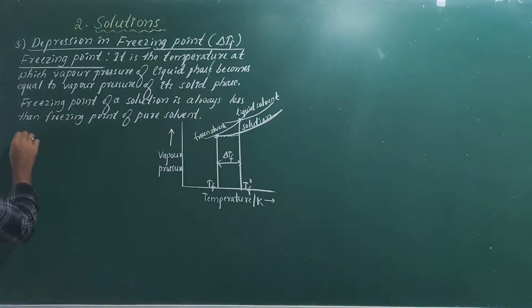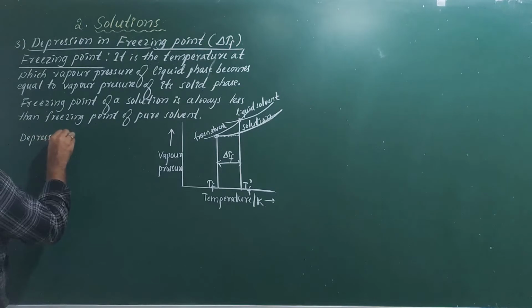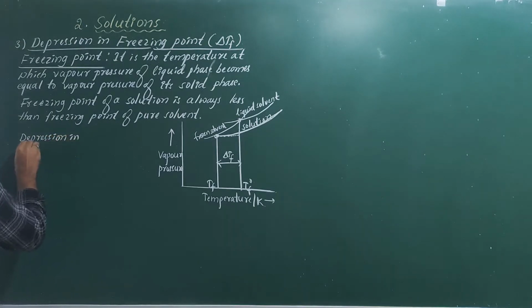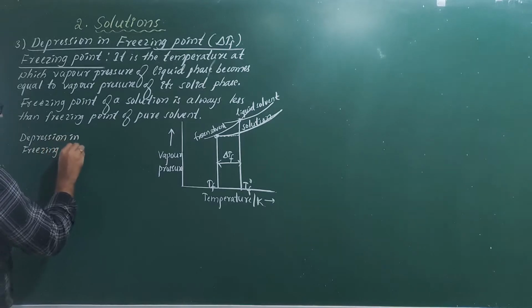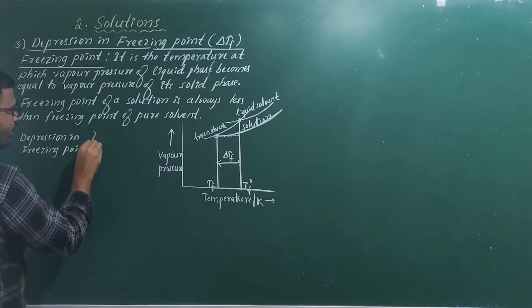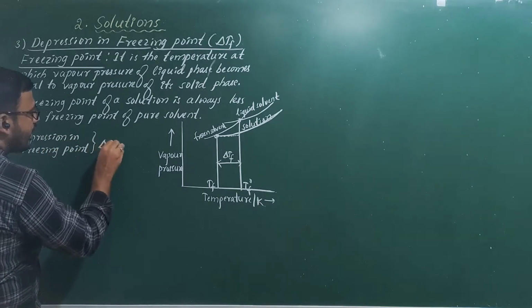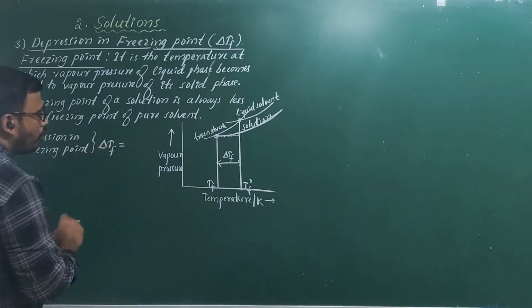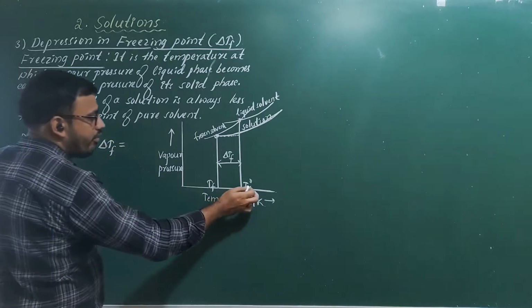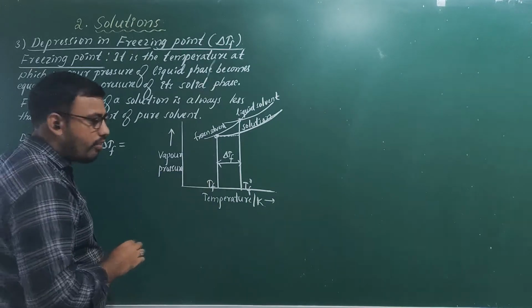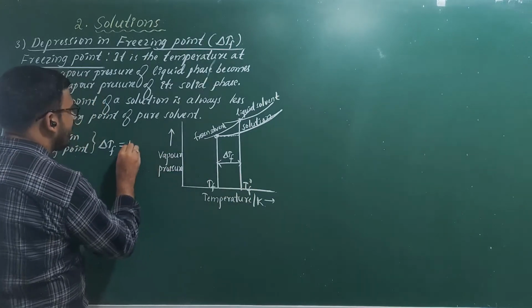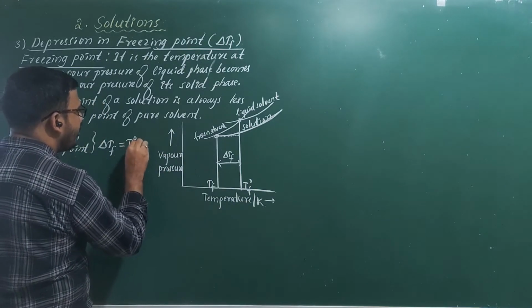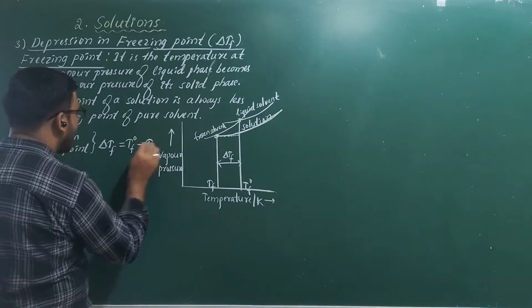Therefore, depression in freezing point, which is represented by delta Tf, is equal to higher value minus lower value, we have to do always. Tf naught is higher, therefore Tf naught minus Tf.